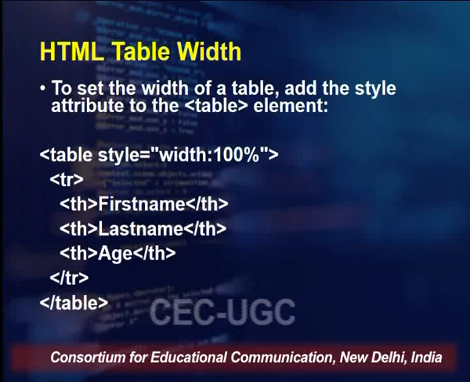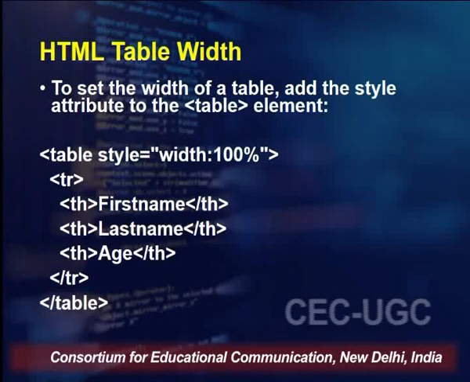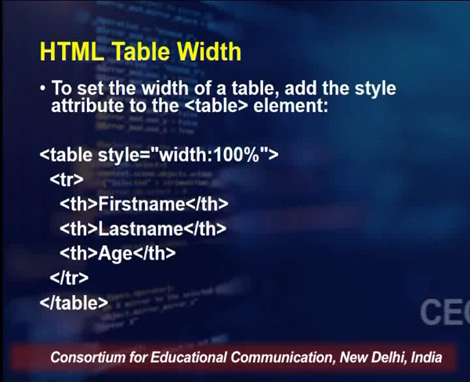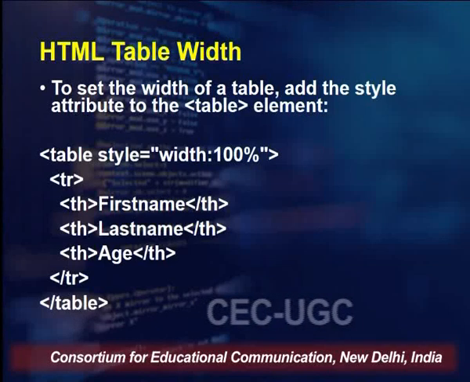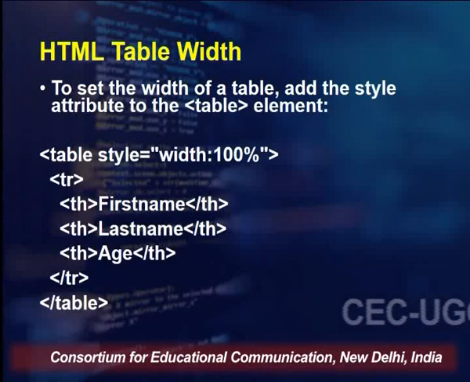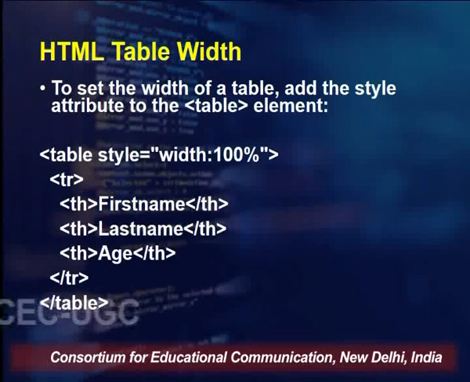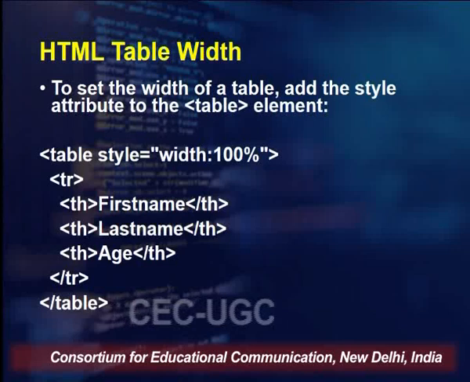For that I have written table style is equal to, and within the double inverted commas, width colon 100%. So width colon 100% means the width of the table will be 100% of its parent element, which is the frame, or in normal circumstances the page.